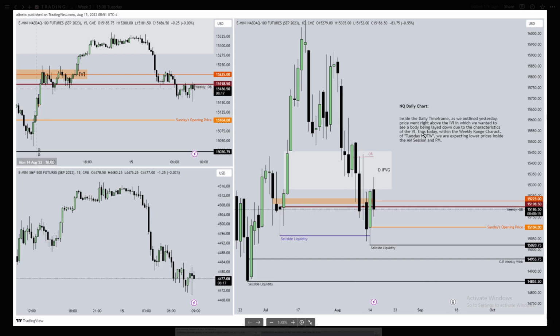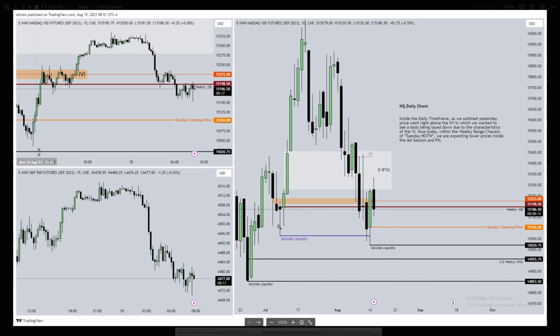Therefore, today, within the weekly range characteristics of Tuesday, half the week, we're expecting lower prices inside the AM session and PM. So what I saw was this inversion fair value gap, which will actually act as resistance, which means that price will go into it and then ultimately lower.